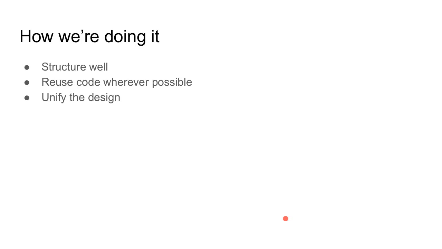There's also the goal of reusing code wherever possible. That means that for the mobile client, we have a core library project that holds all of our common code that isn't specific to the platform.